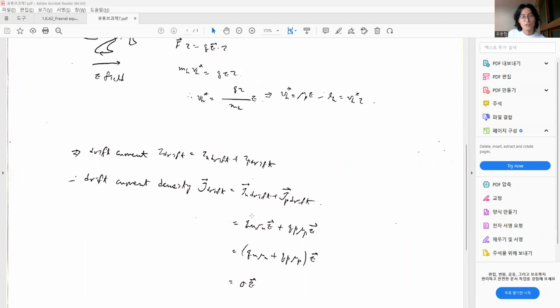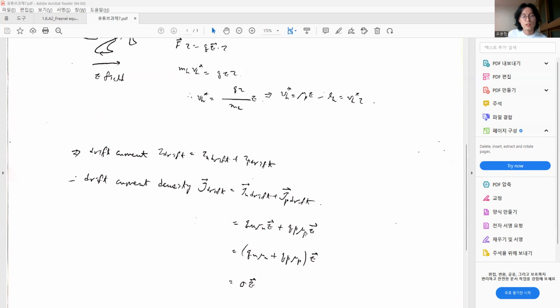So the drift current density of the electron can be expressed like q n mu_n E. Here this q multiplied by n means the charge density of electrons. And this mu_n multiplied by E means the drift velocity of the electron.